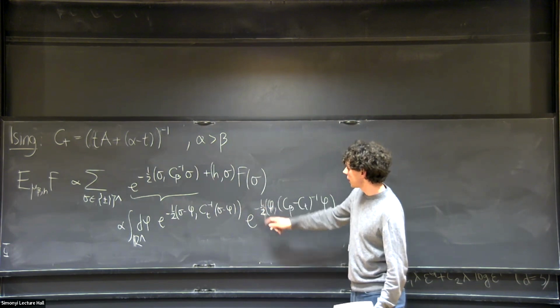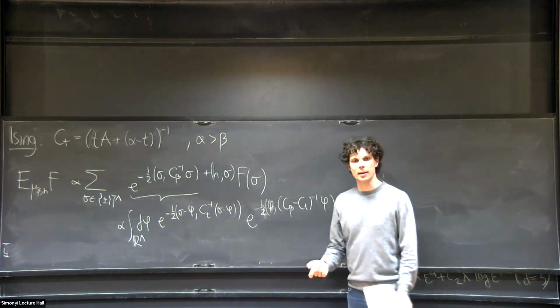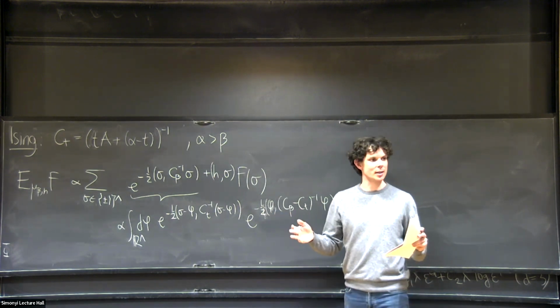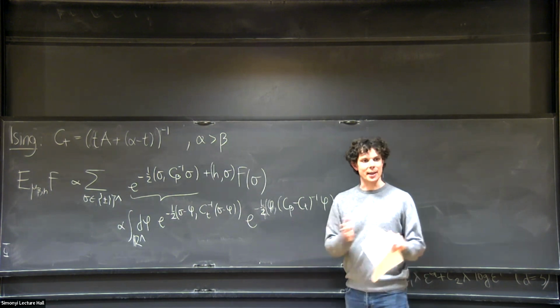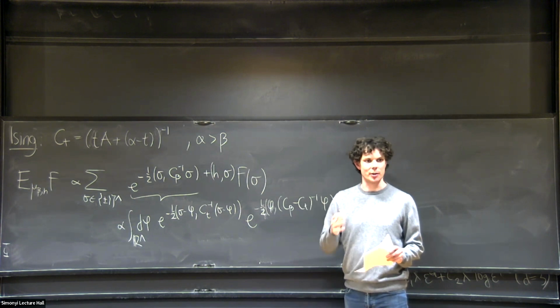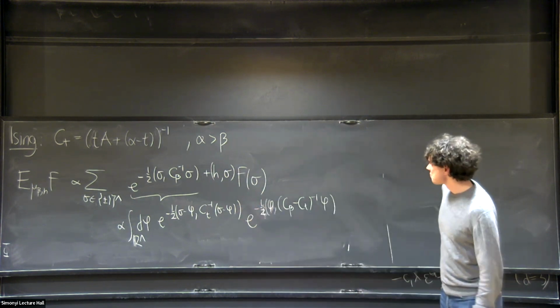What does this formula say? This formula is equivalent to the fact that if you have 2 independent Gaussian random variables and you add them, you again get a Gaussian random variable, and the covariance of the new Gaussian is the sum of the covariances. That's what this identity says.